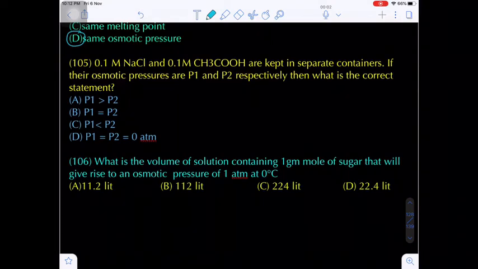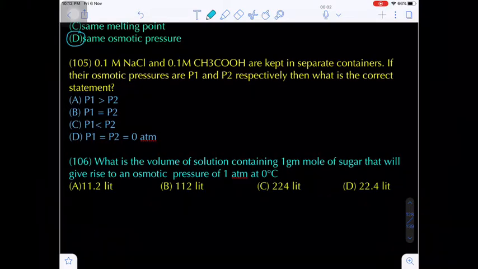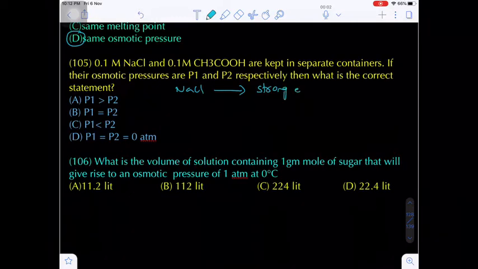Okay. Now question number 105. 0.1 molar NaCl and 0.1 molar acetic acid are kept in two separate containers. If their osmotic pressures are P1, P2 respectively, then what is the relation between P1 and P2? Now, do you know NaCl is a strong electrolyte? What is the meaning of a strong electrolyte?